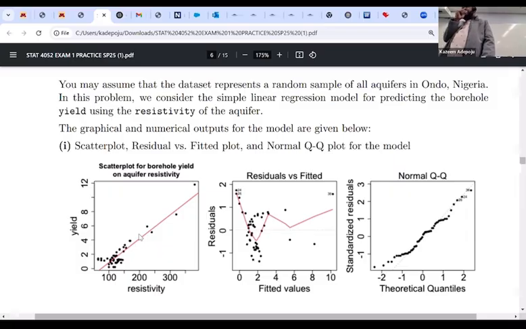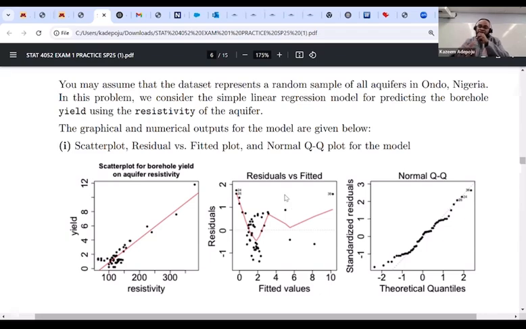Before you specify a linear model, you need to first generate a graphical plot between the response variable and the predictor, because you want to see whether it's going to be a straight line or not, whether you can suspect outliers or high leverage and so on. That is a scatter plot.